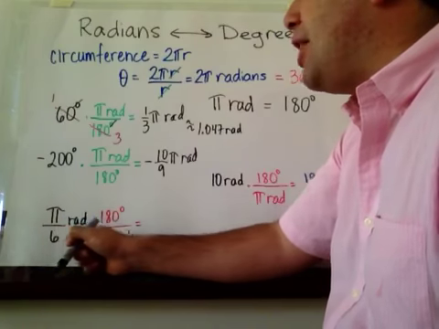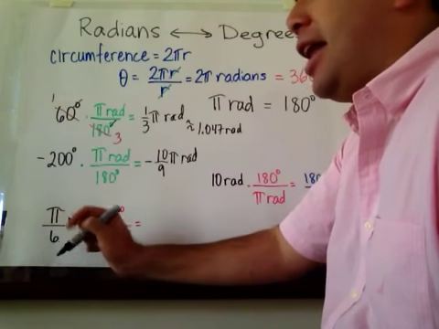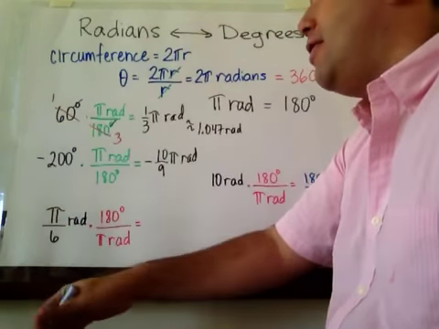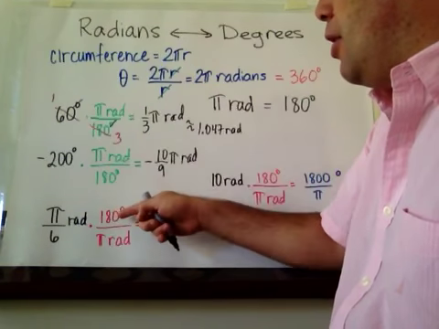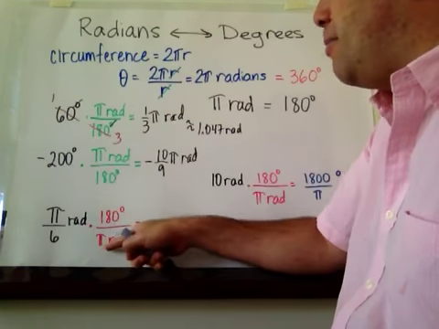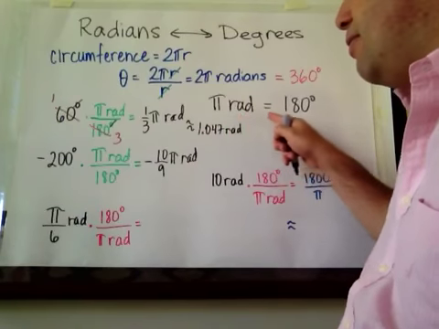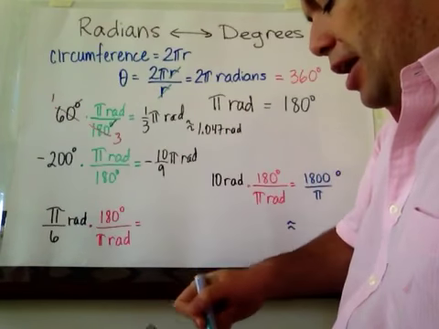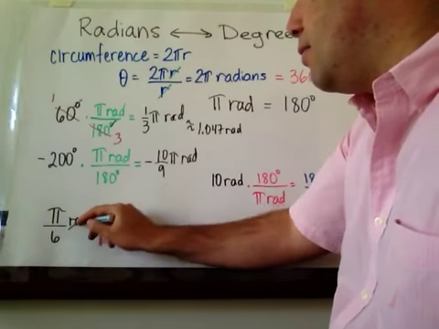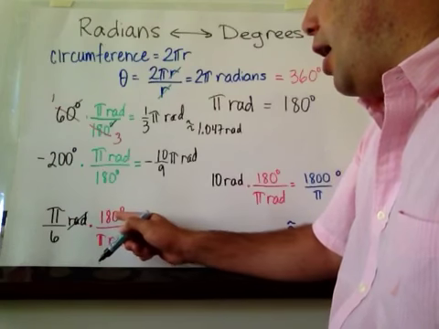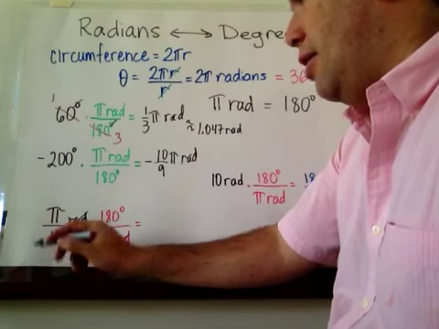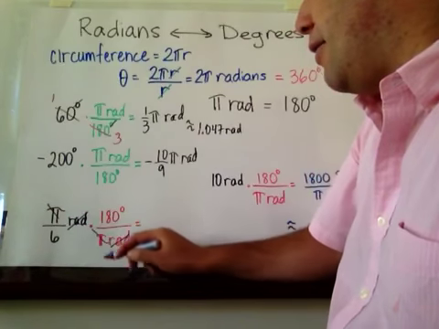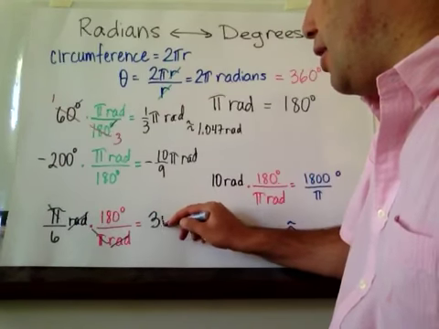Now if we have an angle that measures pi over 6 radians, we want to pass it to degrees. Well, we take the reciprocal of this ratio. 180 degrees is pi radians. We have it here, so the radians cancel. And 180 divided by 6 is 30. Pi and pi cancel. So that's 30 degrees.